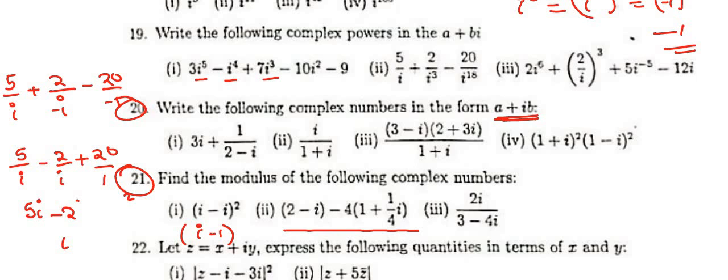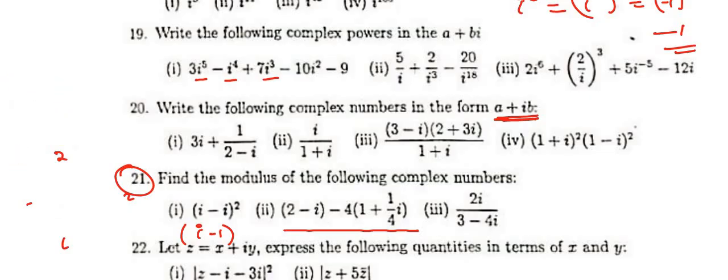And I just realized it's the same. Write the following powers, it's the same. So here they are saying the powers have to be reduced as well, because here we had things that had bigger powers. Here there's nothing that has a bigger power. It's just expressing, like rationalizing or conjugating, adding them up. So here they wanted us to reduce the powers first, then express them in a plus ib. So it's just one and the same.